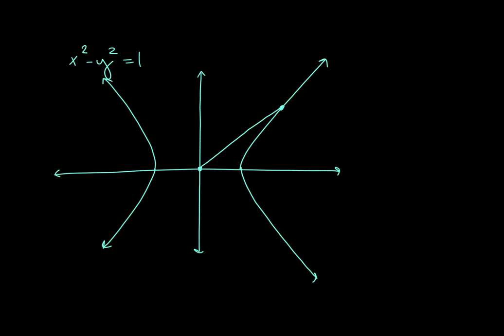So here's some point (x, y) that lives on my curve. This is, again, x squared minus y squared equals 1. And I say that this area, I'm just coming up with something random, let's say this has area equal to 3.